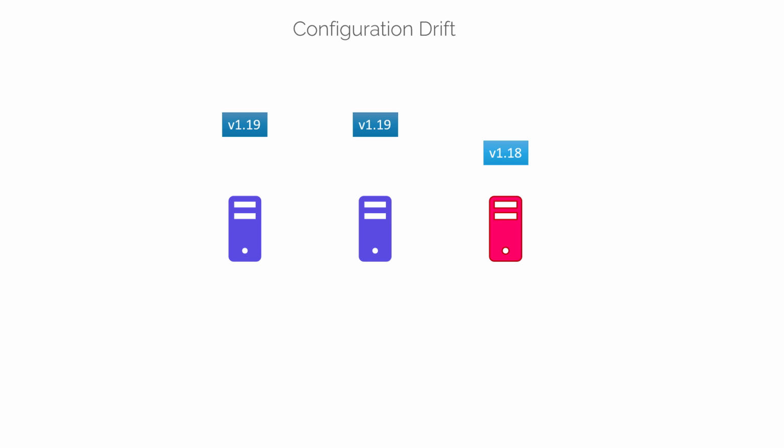This configuration drift can leave the infrastructure in a complex state, making it difficult to plan and carry out subsequent updates. Troubleshooting issues would also be a difficult task, as each server would behave slightly differently from the other because of this configuration drift. Instead of updating the software versions on the web servers, we can spin up new web servers with the updated software version and then delete the old web server.